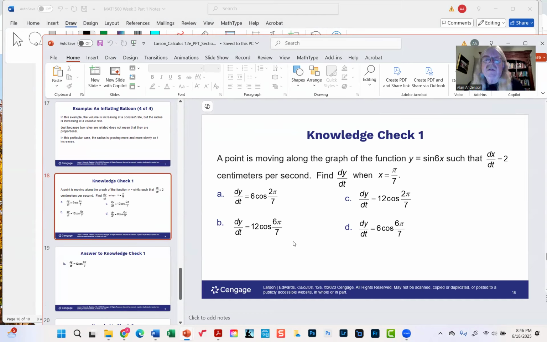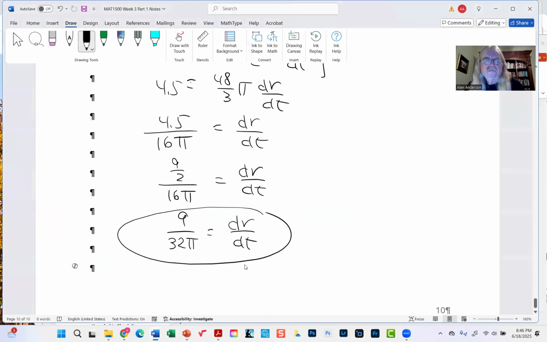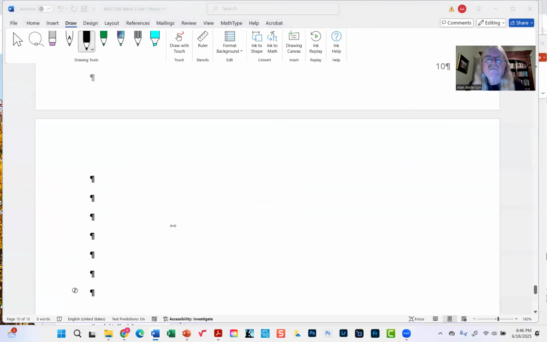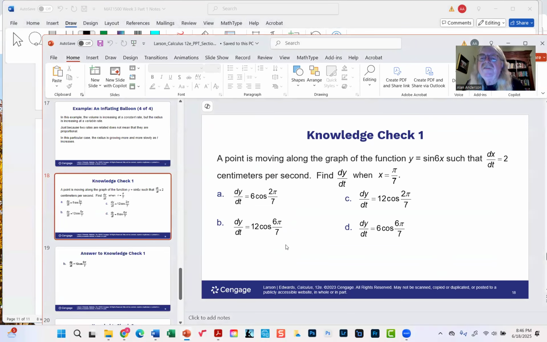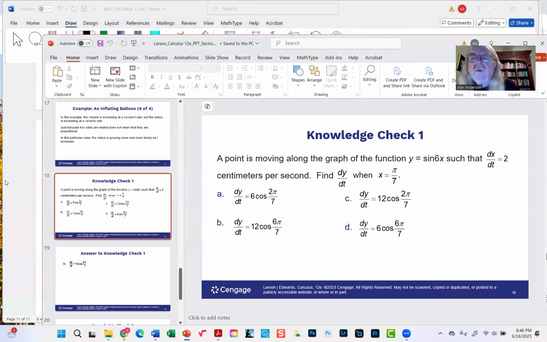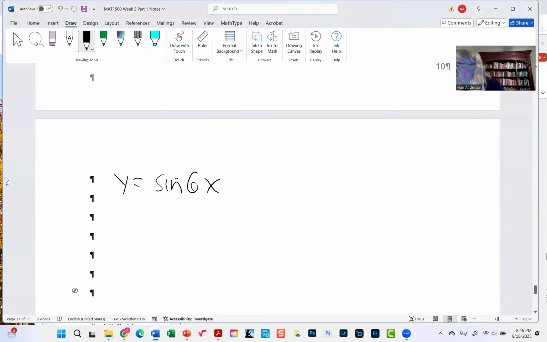So what do we have here? A point is moving along the graph of the function y equals sine 6x, such that dx/dt is 2.